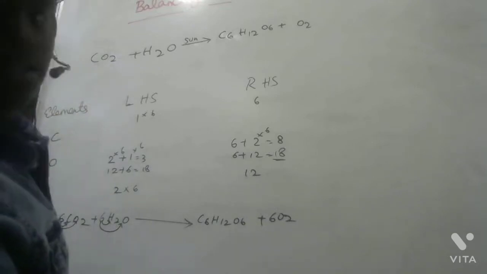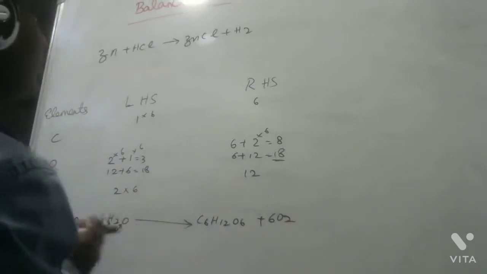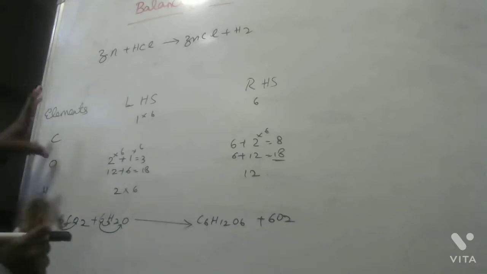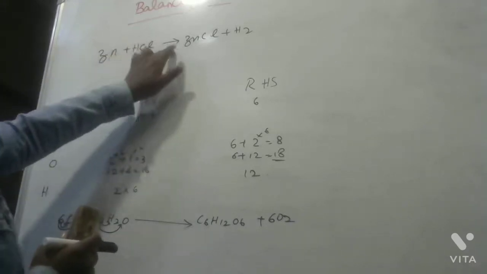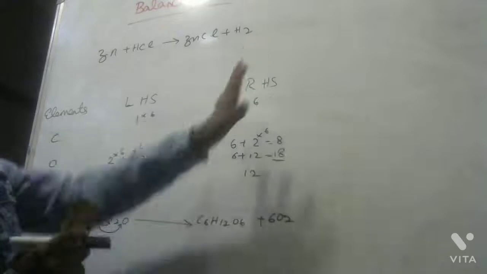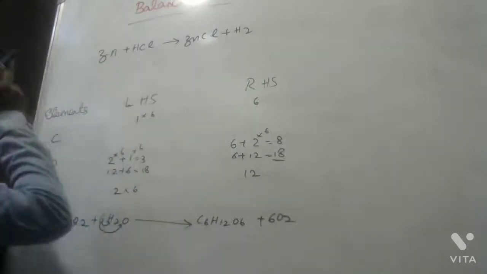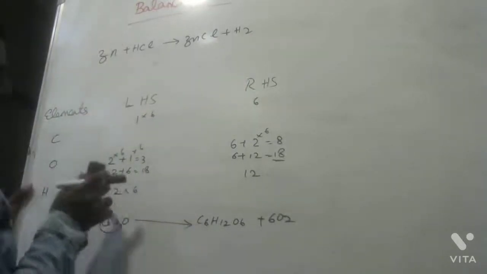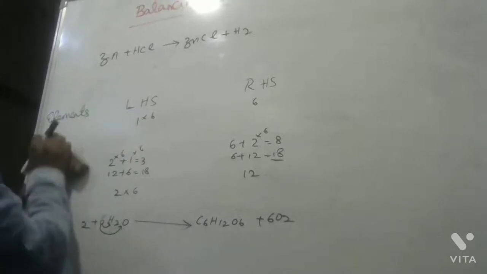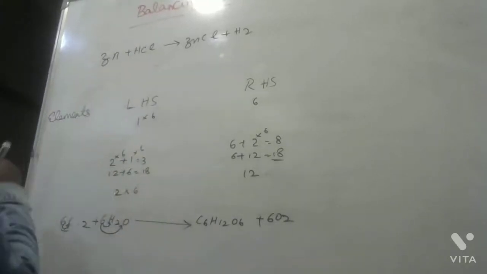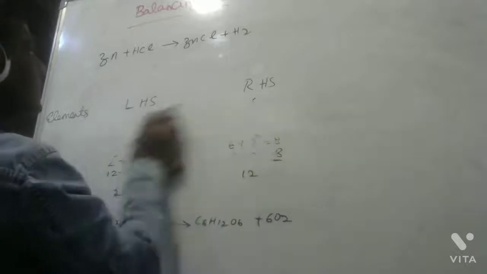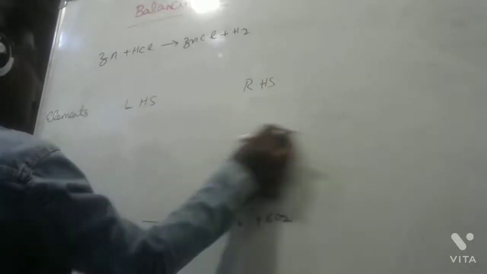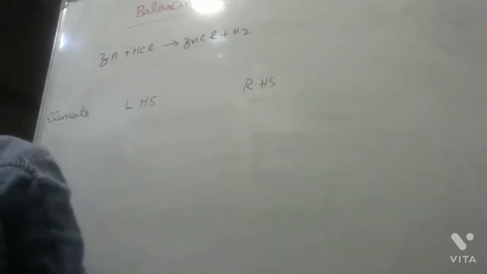So the fourth equation that I'm going to discuss is Zn plus HCl gives zinc chloride and hydrogen. So this is the basic concept, that is, writing the equation correctly. Next, writing the elements, that is zinc, hydrogen and chlorine are the elements that we have.